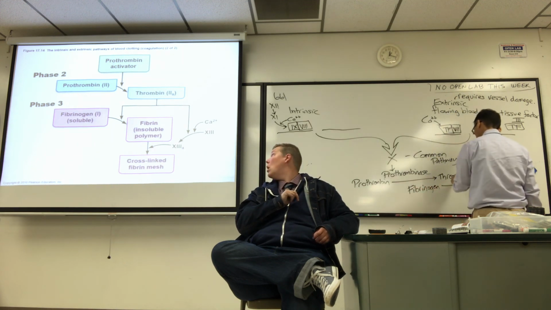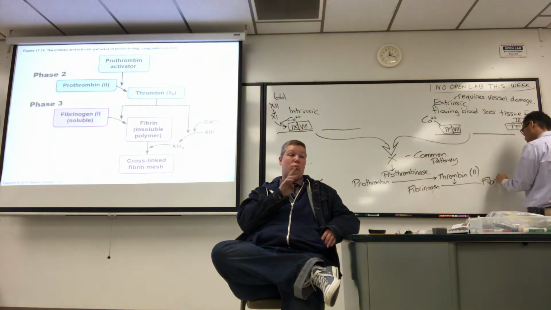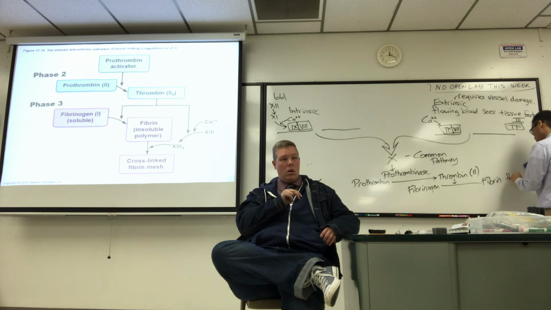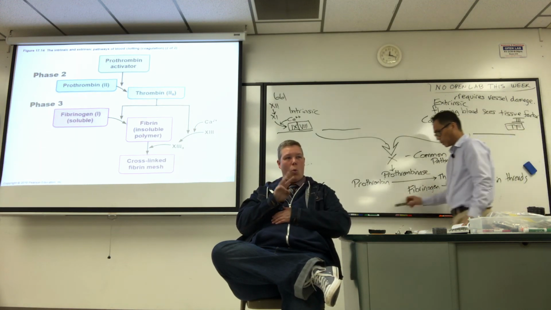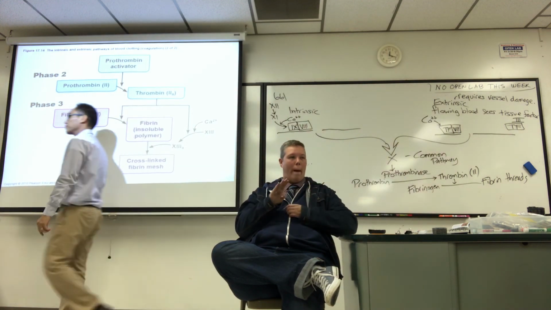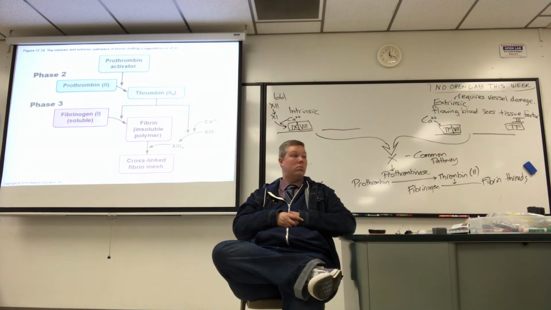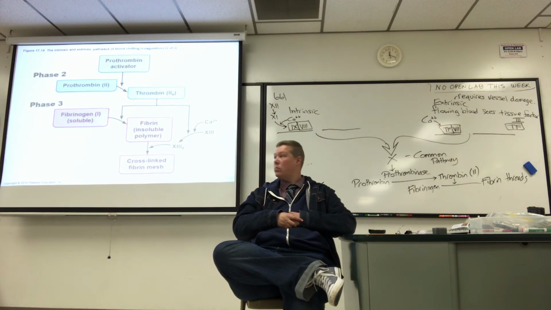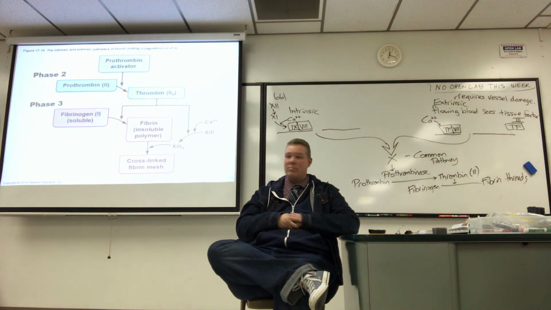The thrombin will activate that into your fibrin threads. That's your little spider web of blood coagulation that I showed you prior. So that is the common pathway.